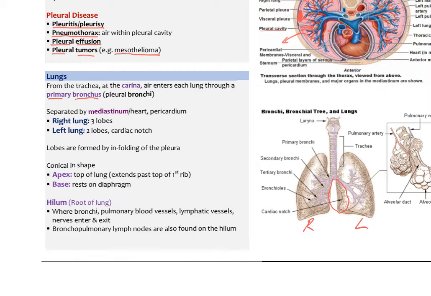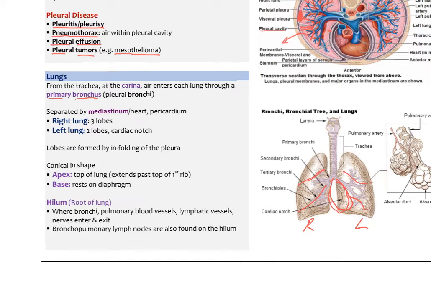The right lung has 3 lobes, versus the left lung only has 2, and that's because we can say the heart really occupies the space of where that 3rd lobe should be. So the right lung, 3 lobes, left lung, 2. And the lobes are formed by the infolding of the pleura. So really the visceral pleura goes in, plunges inward, and it creates the different lobes, separates them.